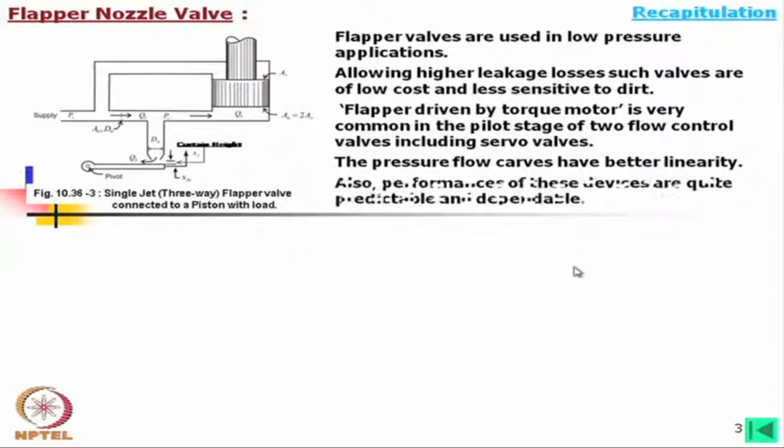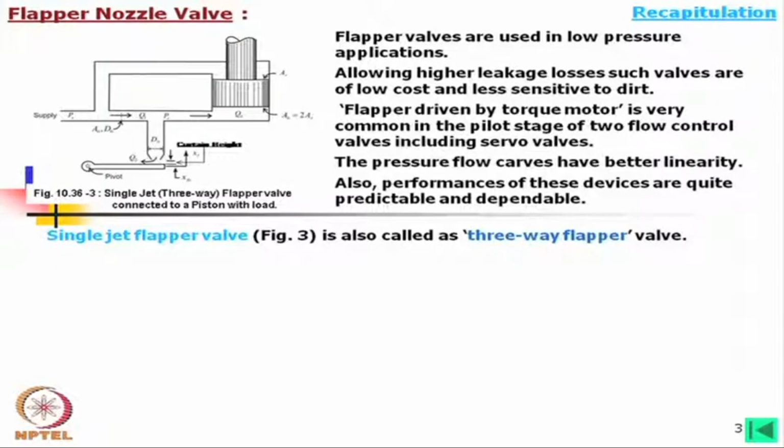So, control becomes easier. Also, the performance of these devices is quite predictable and dependable. That means, where we do not need very quick response, we can allow such losses. Then for low cost applications, this is better than the four-way spool valve.